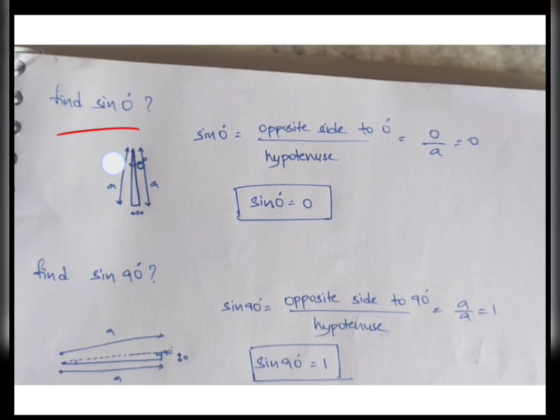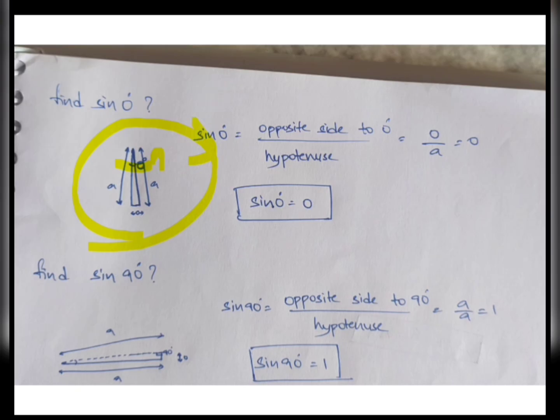Let's find sine 0 degrees. For a right angle triangle, for theta to be 0 degrees, the opposite side won't exist at all. I have drawn it for your reference. Even in this diagram which I have given, theta will be at least 0.5 degrees.